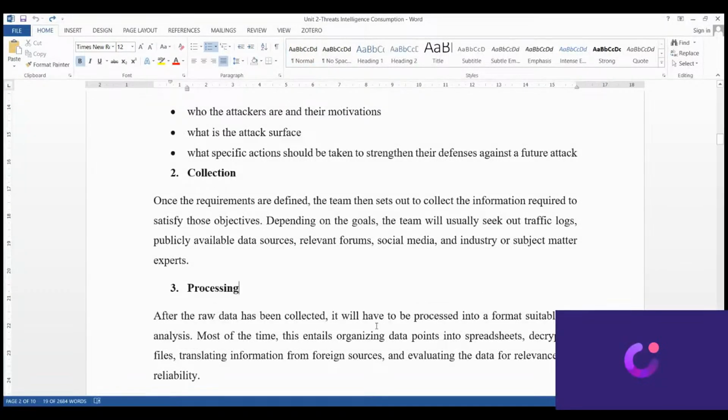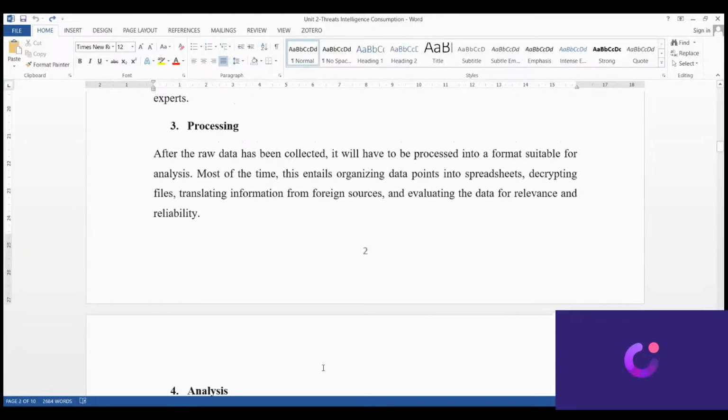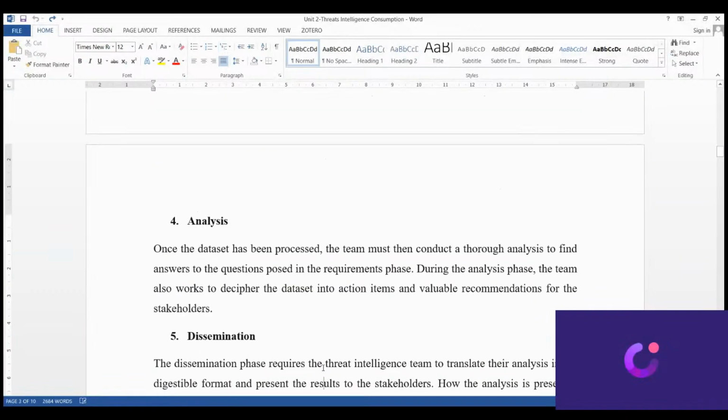Most of the time this entails organizing data points into spreadsheets, decrypting files, translating information from foreign sources, and evaluating the data for relevance and reliability. So that is the aspect of processing, into a format suitable for analysis.